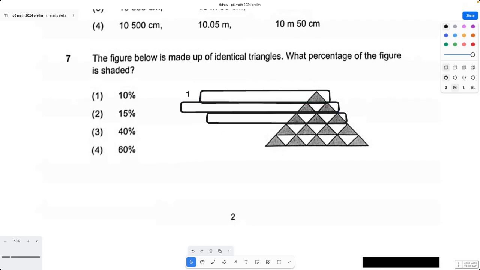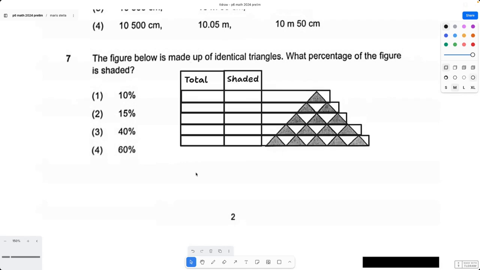I'm going to draw the table really quickly. From here we can get the first one, which is 1 total and 1 shaded. Then this will be 2 shaded but total 3. This would then be 5, 1, 2, 3, 4, 5.